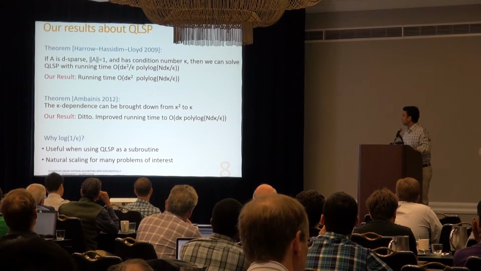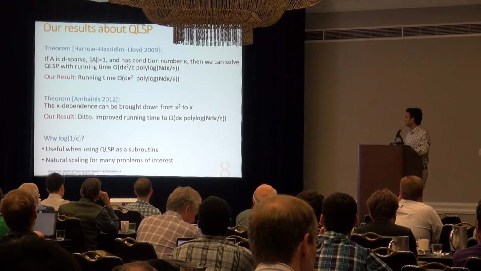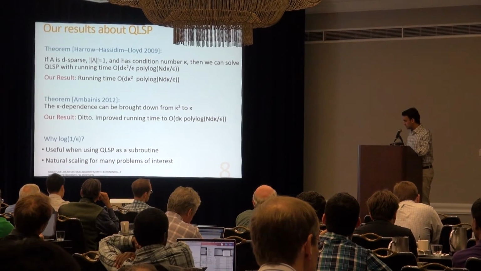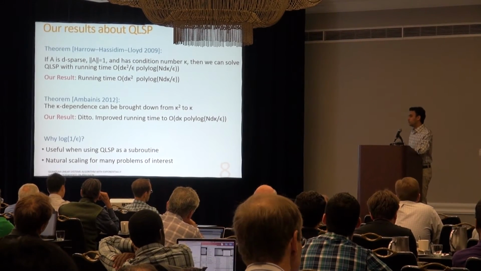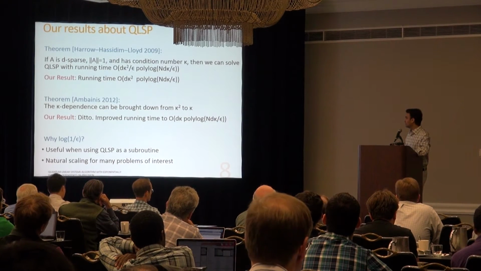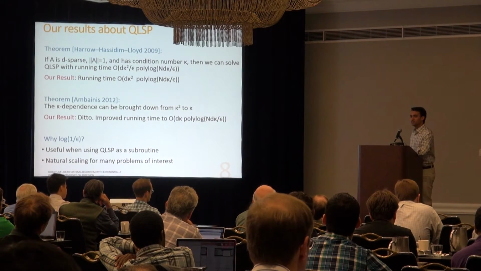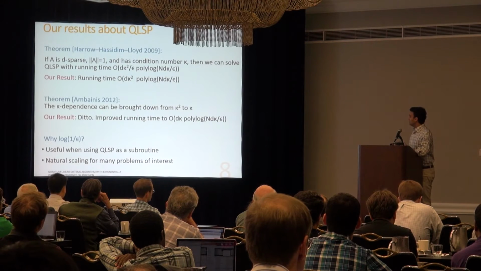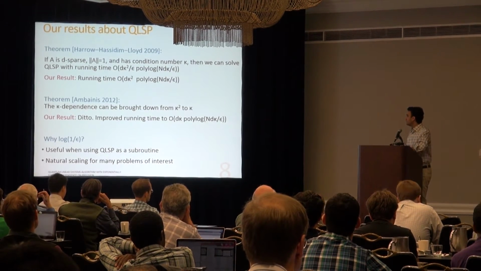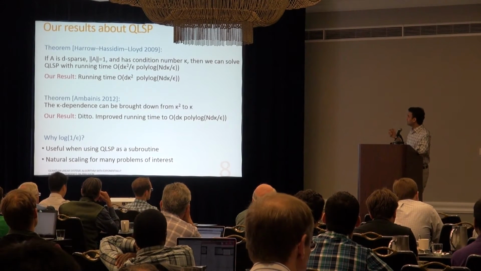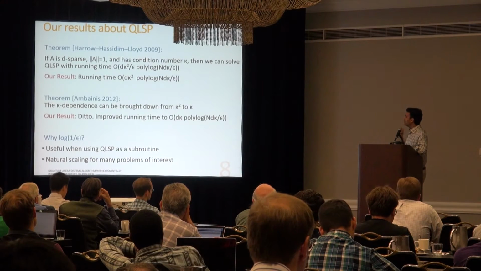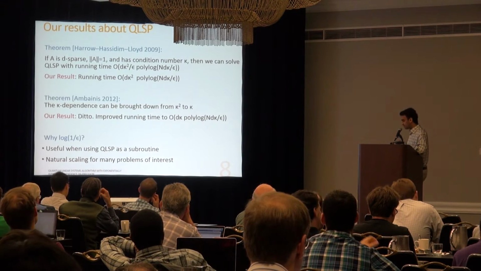The reason I state this separately from the main algorithm is that bringing the dependence down from kappa squared to kappa has more to do with quantum algorithms magic and trickery than with linear system solving. It's a general technique that works, and it's very technical and intricate, so I won't really talk about it. I'll just try to explain the main result of how we get the algorithm for linear system solving with polylog dependence on 1 over epsilon.